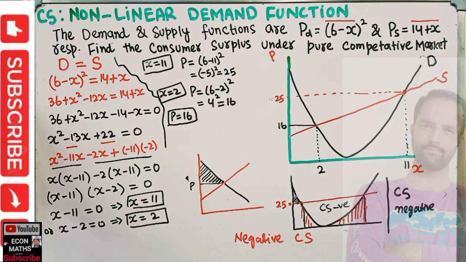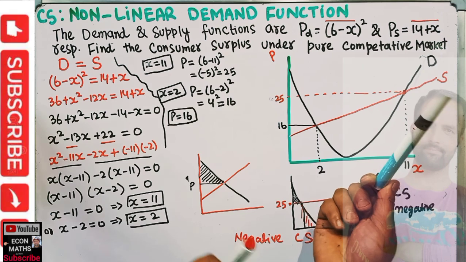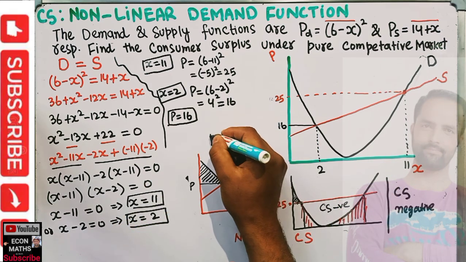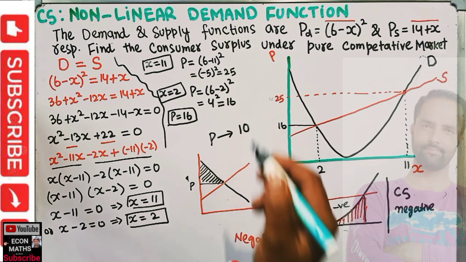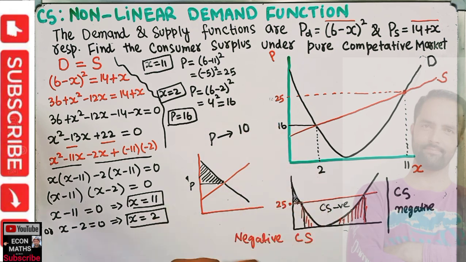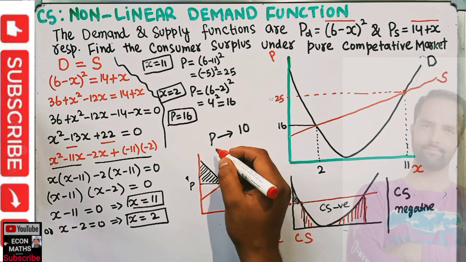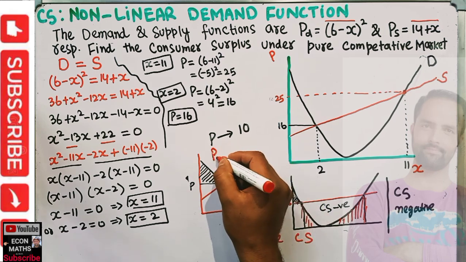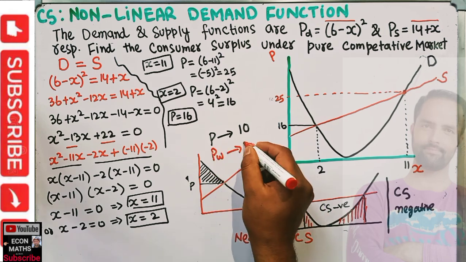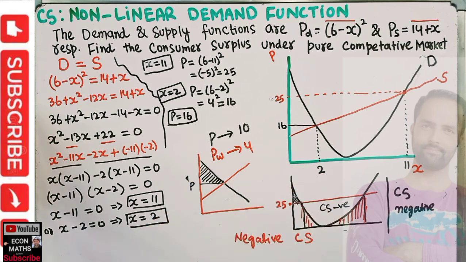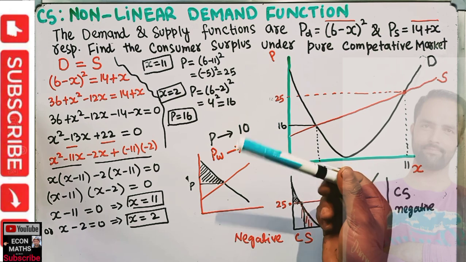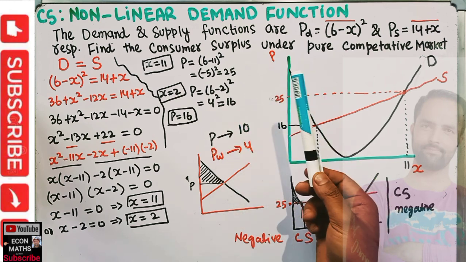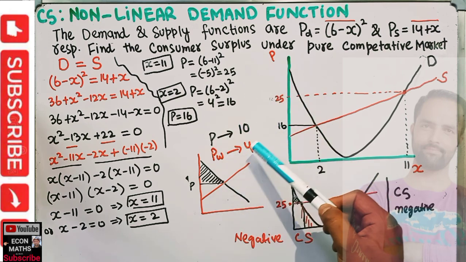How can we interpret a negative consumer surplus? Let us say this is the marker, and its market price is, let us say, $10. My willingness to pay, let us say, is only $4. So in my mind I am making a decision that I will buy this at a price of 4.